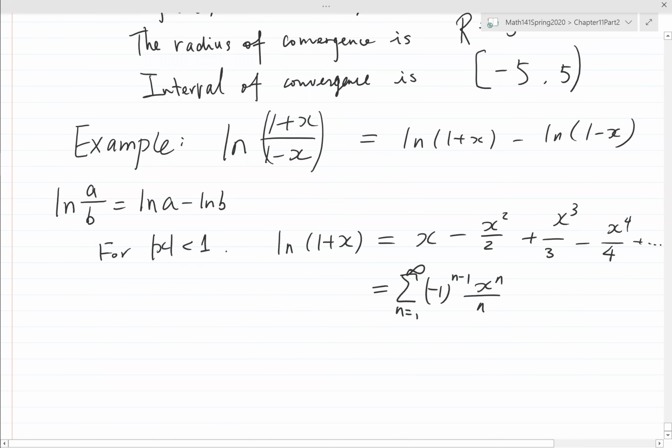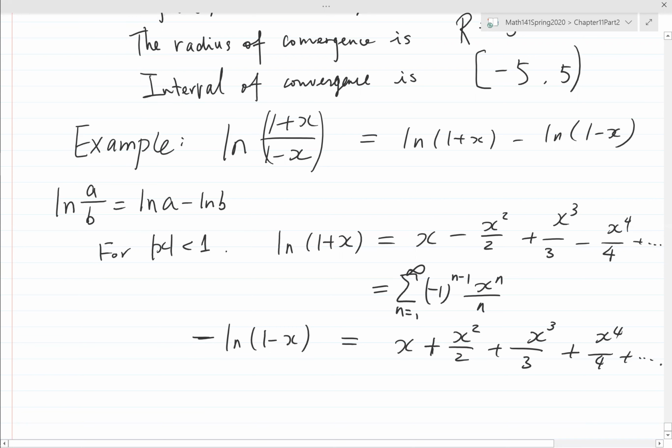Now negative ln(1 minus x) is actually x plus x squared over 2 plus x cubed over 3 plus x to the power 4 over 4, etc.